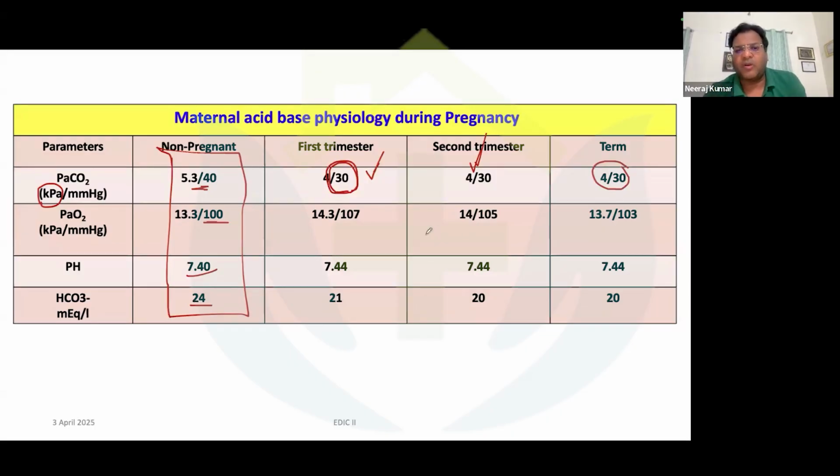The PO2 is almost 107, 105, and 103, and the pH is slightly alkalotic, because the buffering capacity is going to get compromised. That's why the acidic feature is not there; the alkalotic feature is there, and bicarbonate is almost the same, that is 21, 20 and 20. Now coming to the next point.